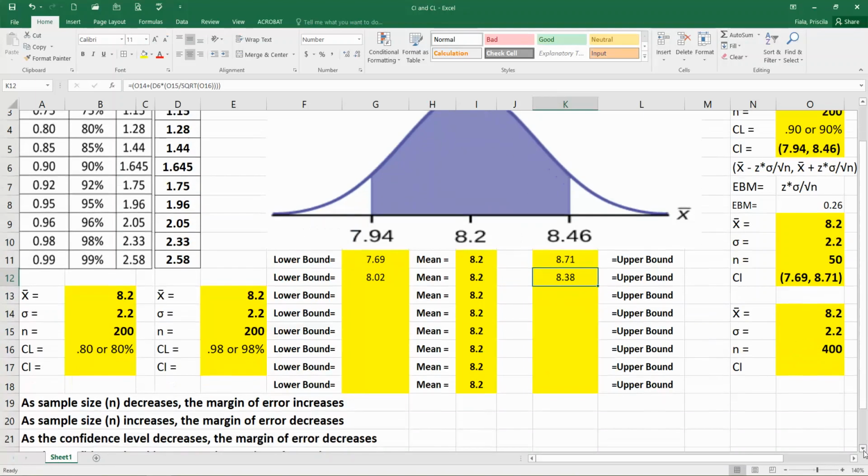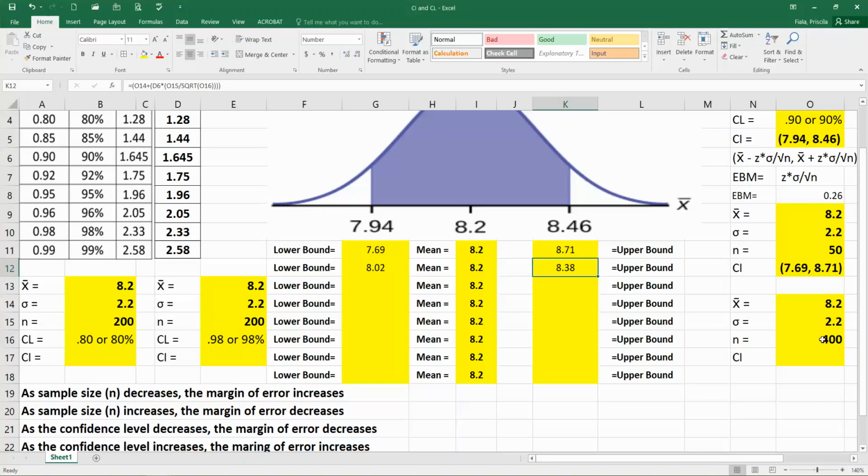So as my sample size increases, my margin of error decreases and actually gets closer to the mean. Okay, so right here, your confidence interval is going to be 8.02 and 8.38. So now you have less room for error.